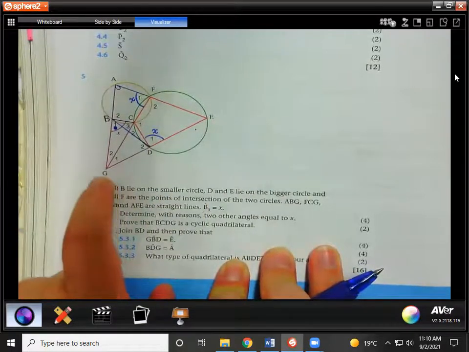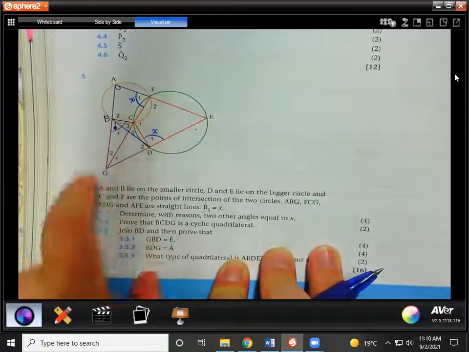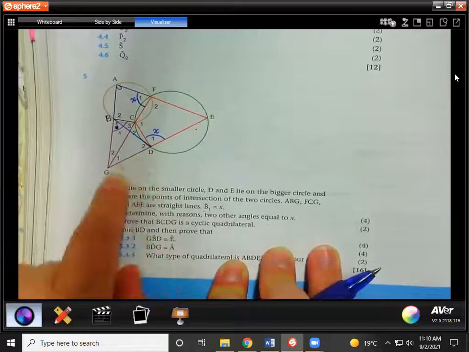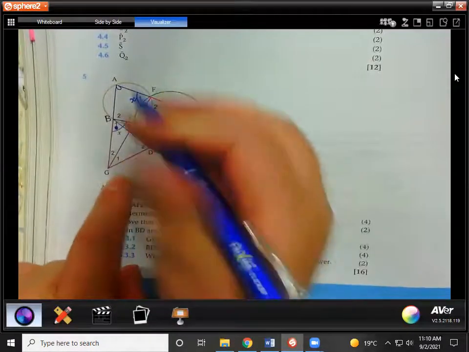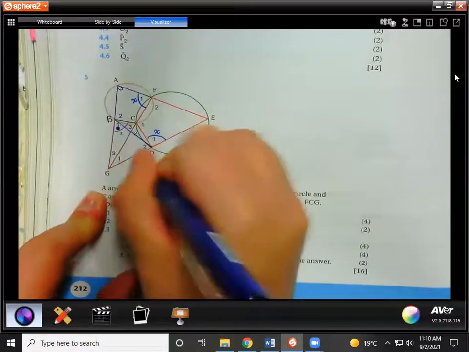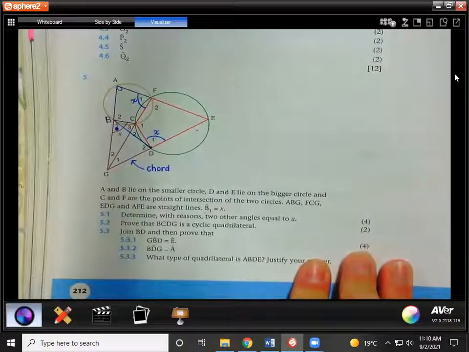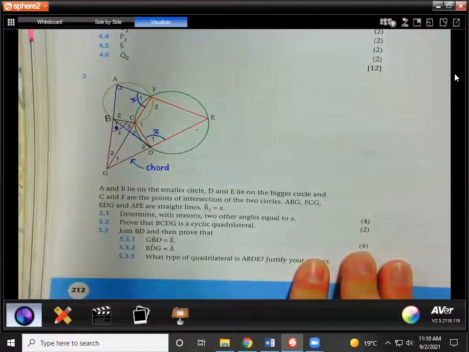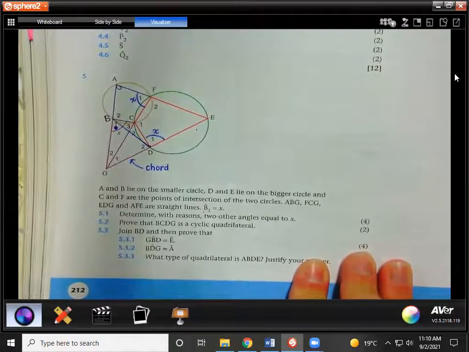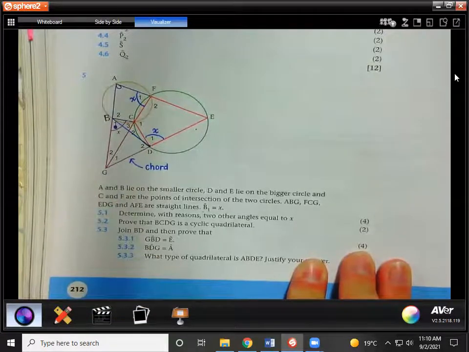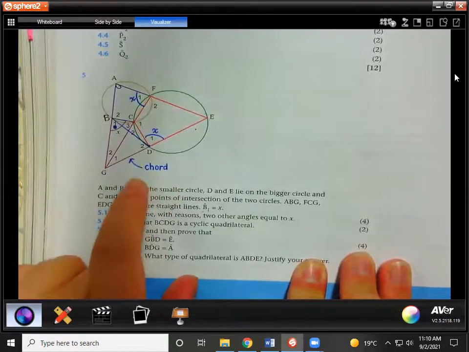Now, guys, if each of these 4 points lie on the circumference of a circle, isn't GD going to be a chord of that circle, right? So GD is actually a chord of that imaginary circle. It's a circle that we could draw there, but it's not drawn in. And you can only do that if you've proven that something is a cyclic quad, even if it's not in the circle. So this would be a chord.